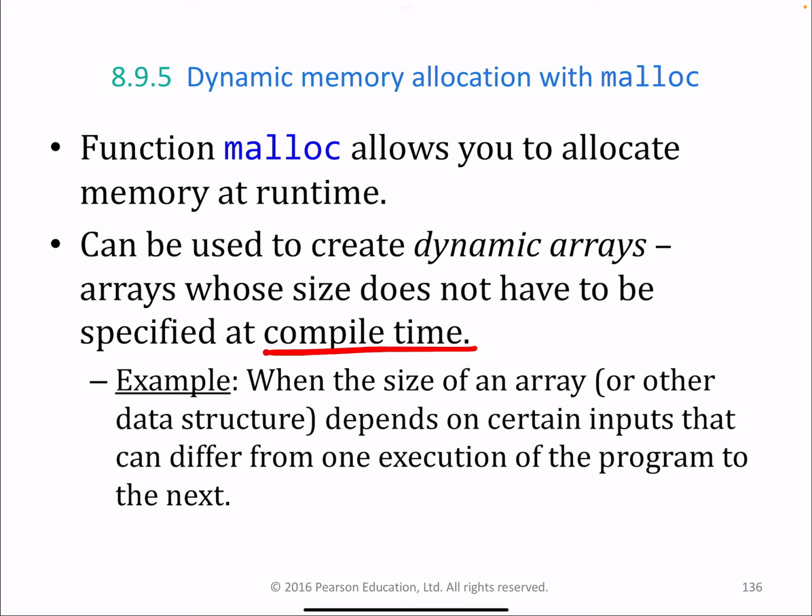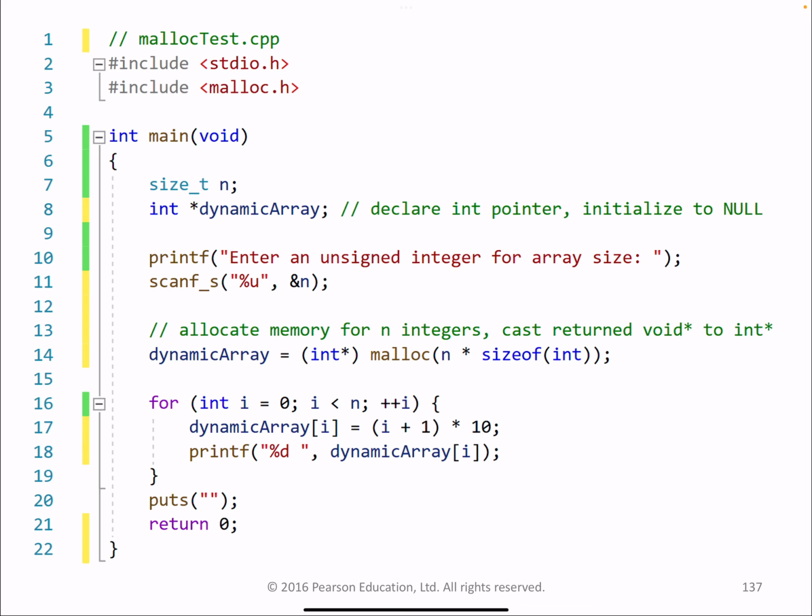And like I mentioned, this is very handy when the amount of memory you're going to use for an algorithm or data structure depends on certain inputs that you may receive, and that may be different each time you execute your program.